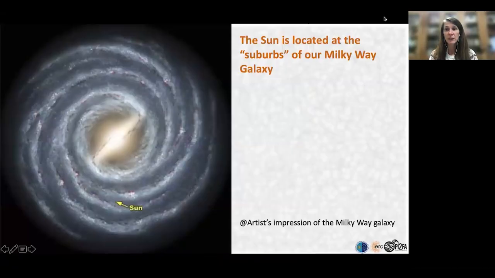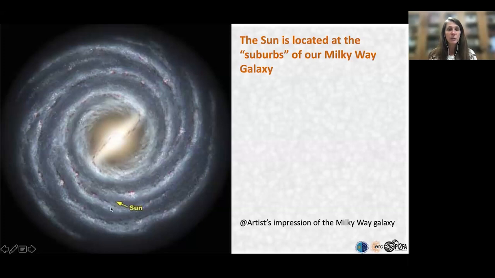the sun is located in the suburbs of our Milky Way. Again, this is not a real image of our Milky Way galaxy, but this is how it could look in principle. This is an artist's impression of the Milky Way galaxy. And luckily, the sun is located not at the center, where we might have a black hole, and not very far out in the suburbs where we can be irradiated by cosmic rays.